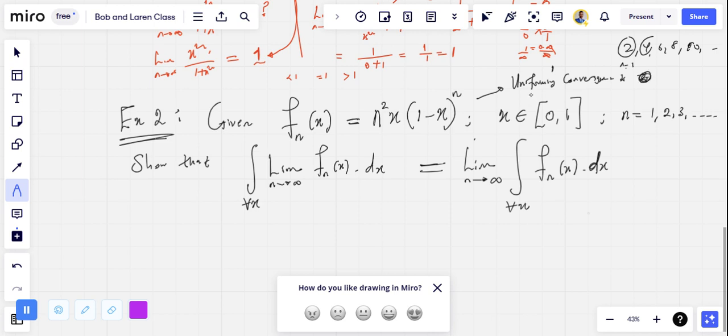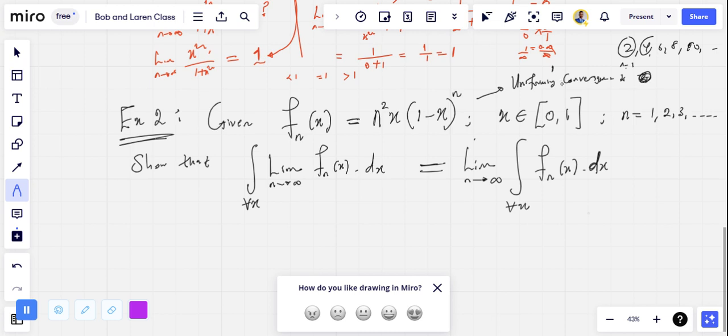Please take note, these two expressions can only be equal to each other if this sequence of functions converges uniformly to 0. I repeat, they can only be equal under the condition that f_n of x converges uniformly to 0.